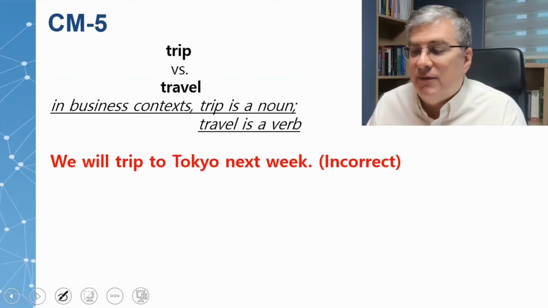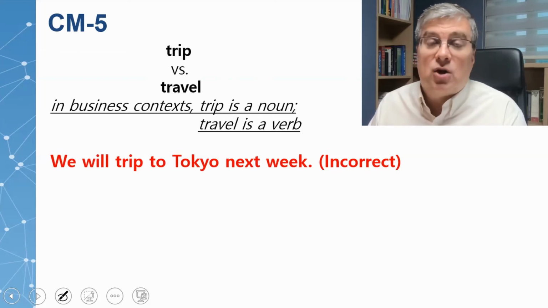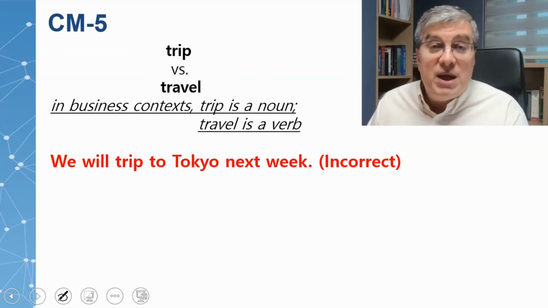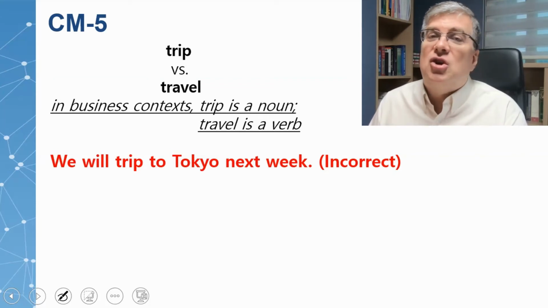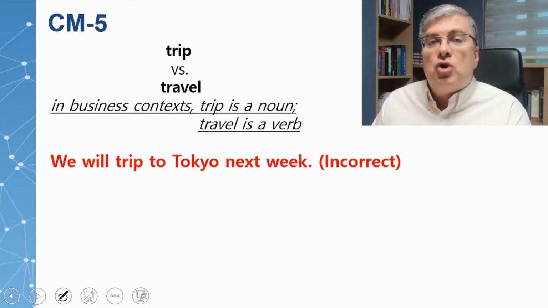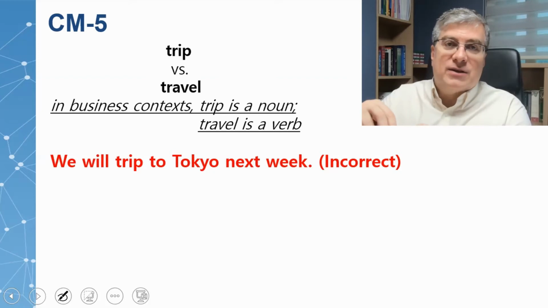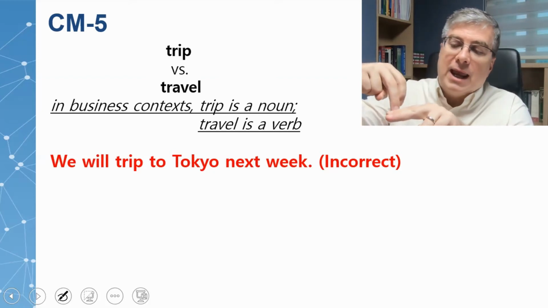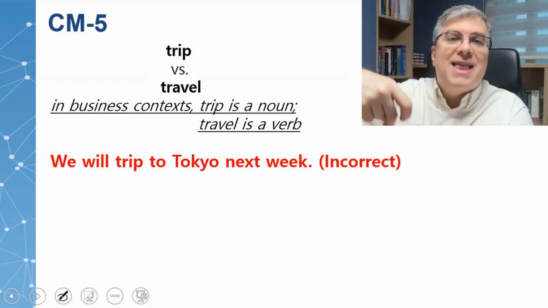For example, if you said, we will trip to Tokyo next week, that is incorrect. Now, to be honest, that sentence is possible, but it has a completely different meaning, and I'm sure it's not what you meant. Trip can be a verb, but trip as a verb means that you are walking and your foot maybe hits something to make you fall, and that is to trip.